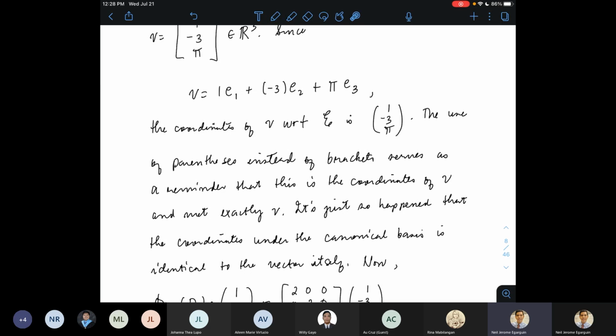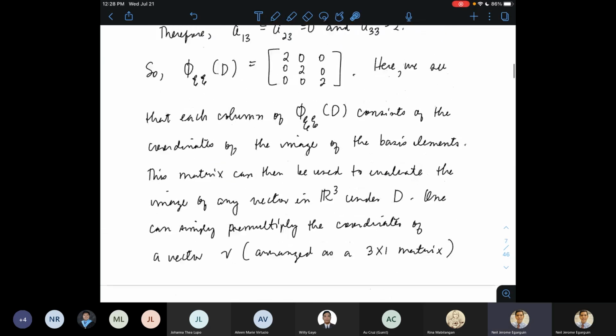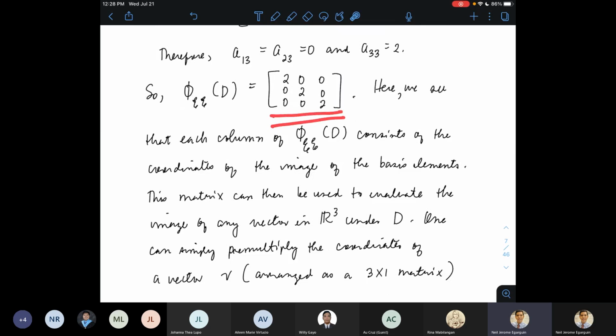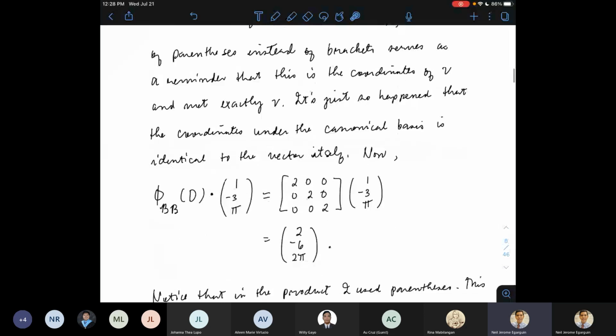And so, if we want to evaluate D of V, what I'll need to do is to pre-multiply. Pre-multiply kasi dapat nasa una yung matrix representation times the coordinates. All right? And that's what I did here.